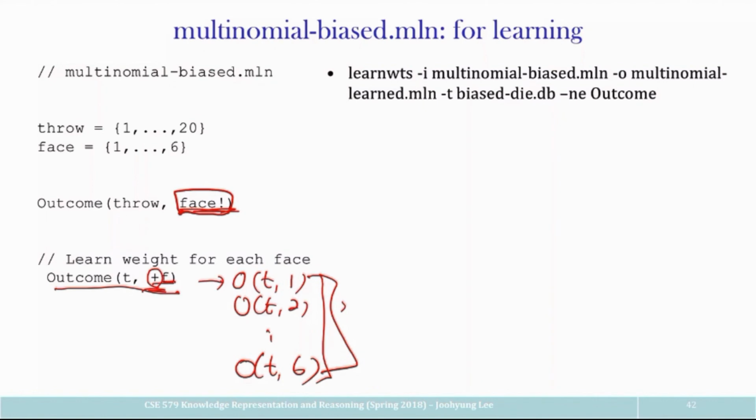I don't know about that particular algorithm, but I presume that Alchemy is good at finding the domain. If you have given it this way, then for sure you have defined outcome as a predicate that has face as a second argument. So then you can look into this value to populate this.